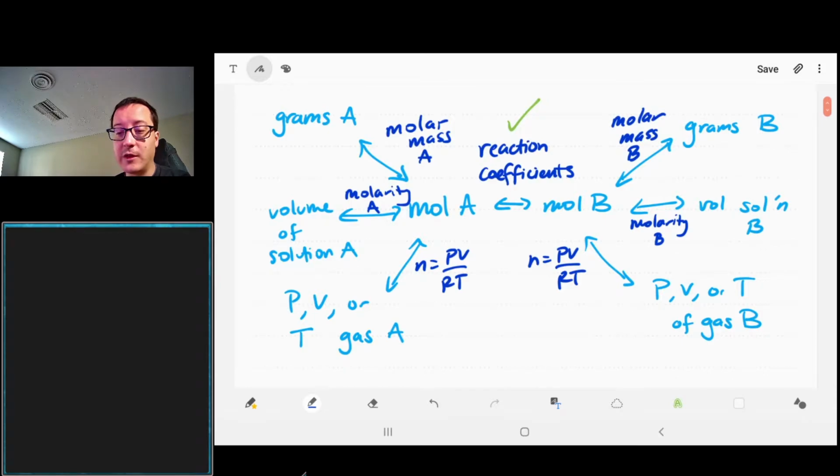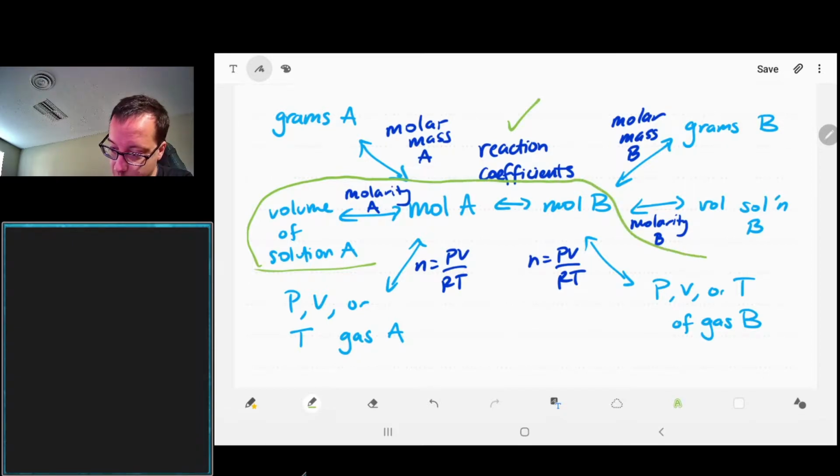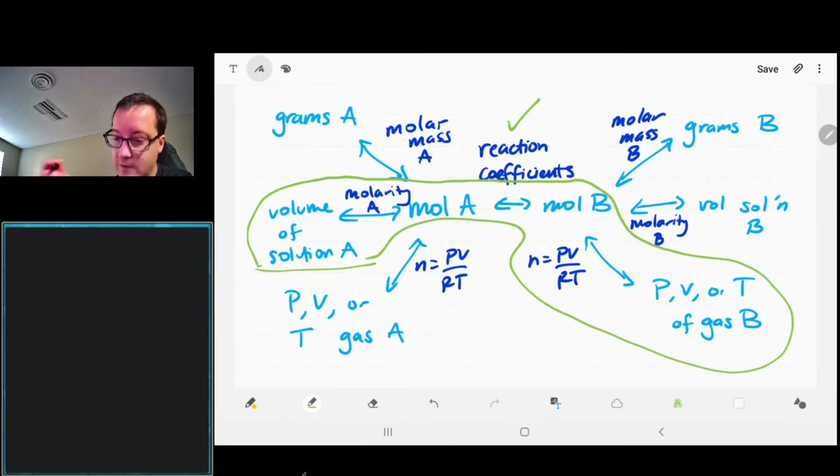So you're only ever going to use molar mass if you're dealing with grams. In this case, we're here with volume of solution, and we're ending up with our gas stuff. So by looking at this chart, we see we're going to need the molarity of A, which is sodium chloride in this case, and then we're going to need our ideal gas law for the ending conversion.